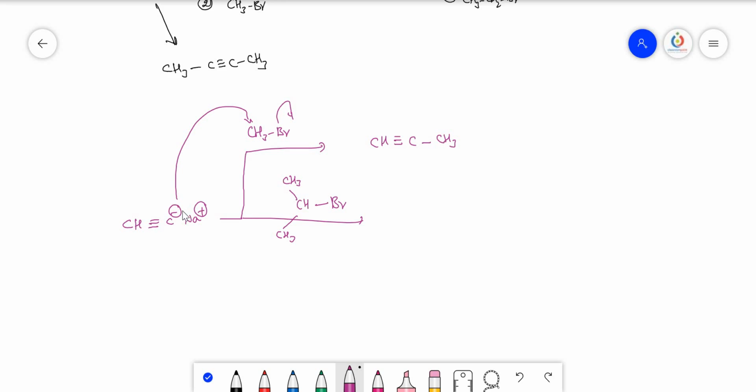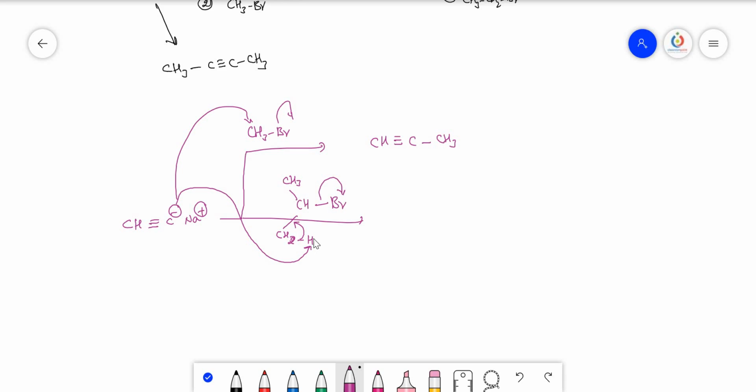When a secondary or tertiary alkyl halide is used, the negative charge preferably attacks the hydrogen on the carbon next to the halogen-bearing carbon. So here we can write CH2 and hydrogen. The alkynide attacks this hydrogen, the electrons shift between the carbons, and bromine is eliminated, so HBr is eliminated.